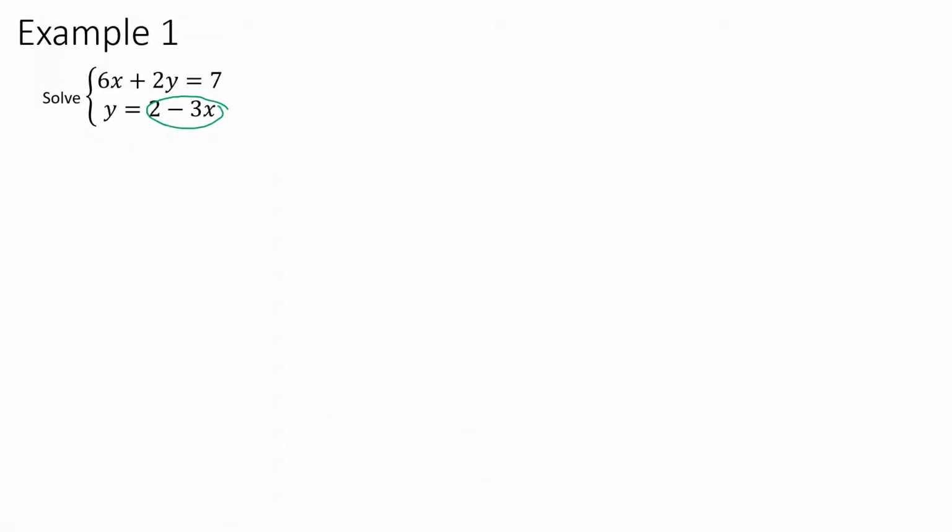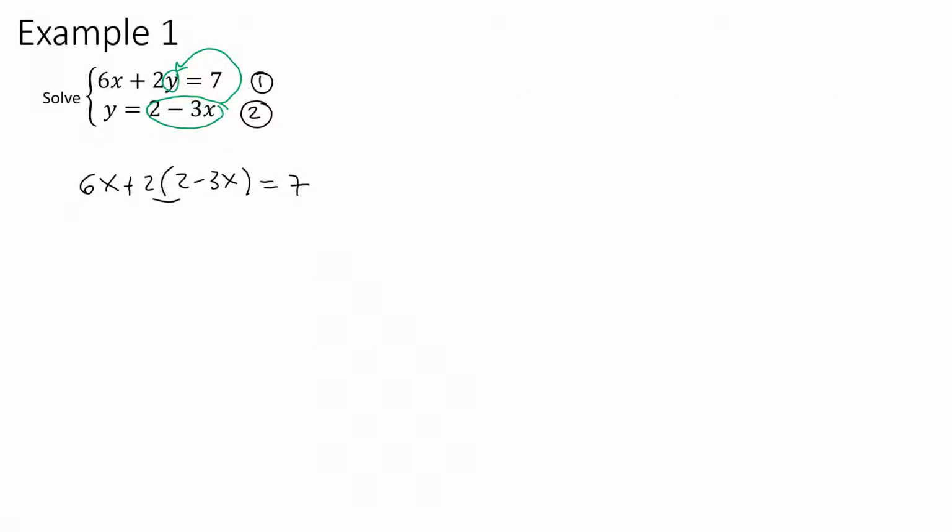So what we want to do is take that 2 minus 3x and substitute it into the other equation, equation 1. So that's what I get if I take equation 2 and substitute it into equation 1, where its corresponding variable is y. Now that gives me an equation with x.